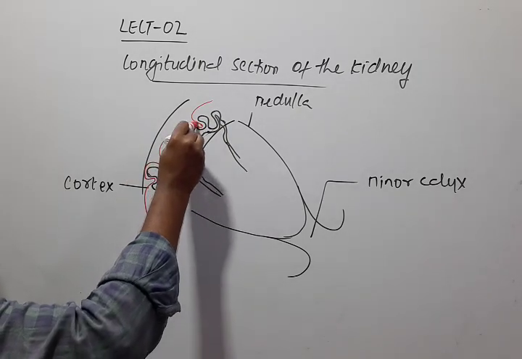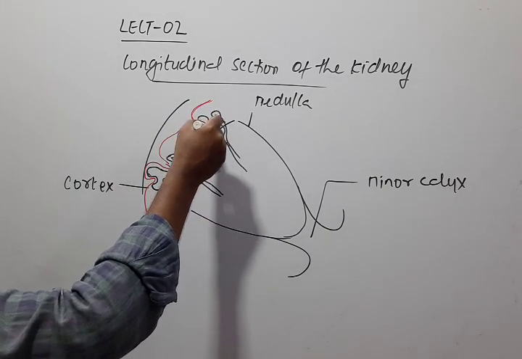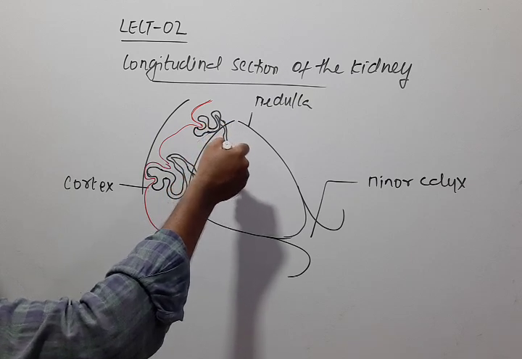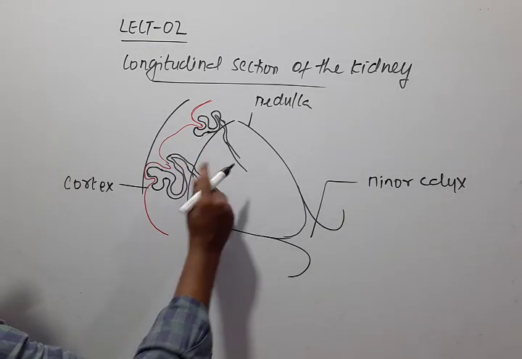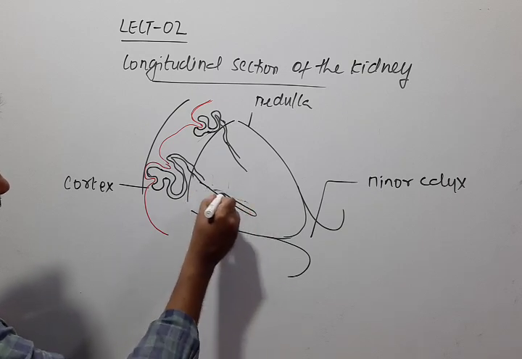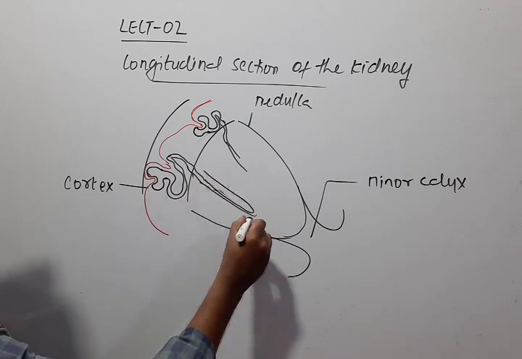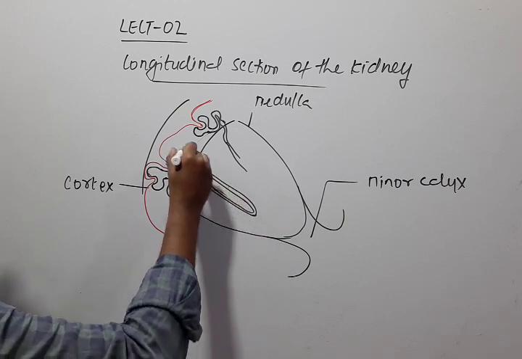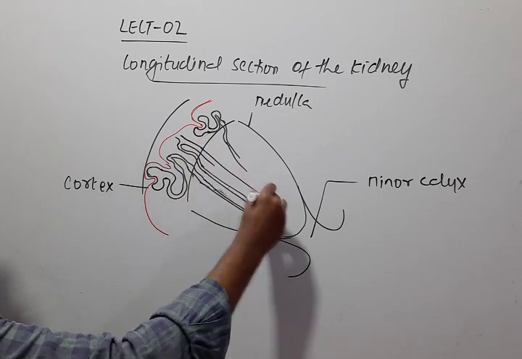So after that it comes out as an efferent arteriole, and that efferent arteriole will form a network of blood vessels on this PCT, okay, and loop of Henle, and even on DCT. Now let's see here, so finally you will find this is the loop of Henle, and the DCT, and then it opens into the collecting ducts.